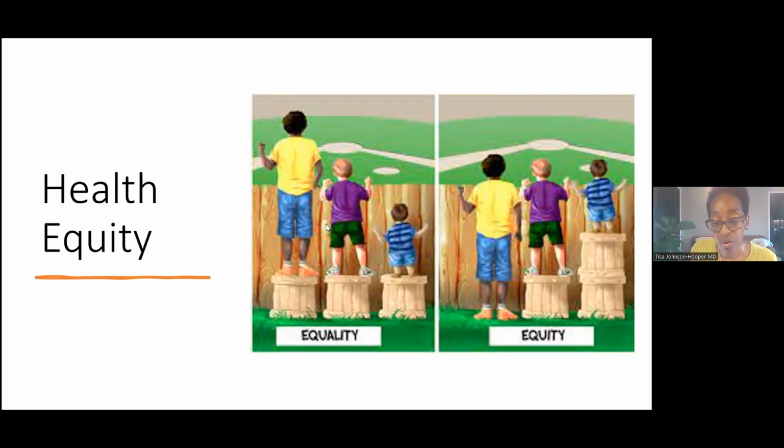The outcome, though, is very different based on the child's size. In this instance, the child's size is their social determinant of health. The image on the right depicts the outcome when the child's size, or their social determinant of health, is identified and addressed. Now, each child has equal opportunity to achieve their health outcome.